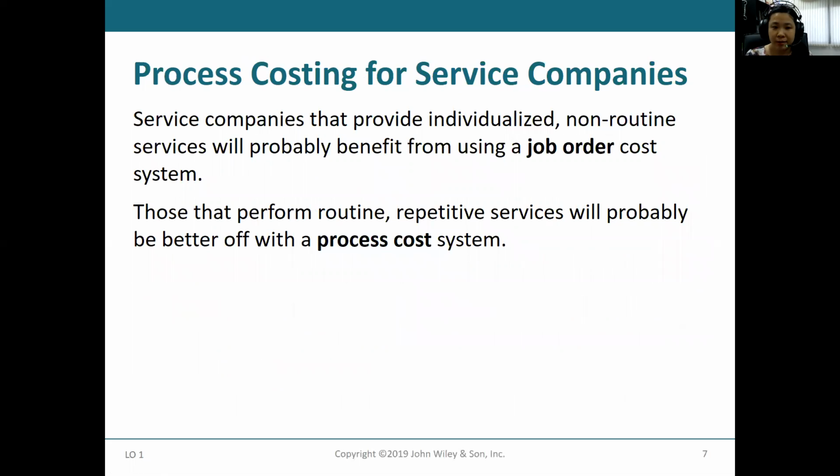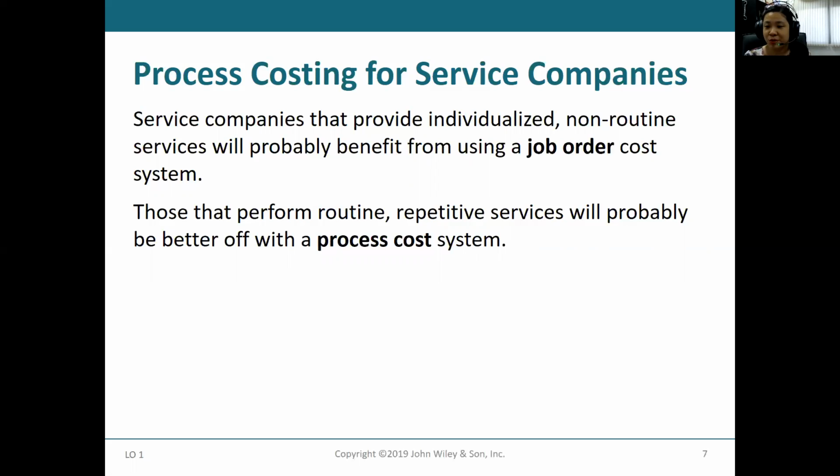Okay, now what about service? For service companies, do they use job order costing or process costing? The answer is it depends. Some service companies use job order costing when they provide individualized or non-routine service. It means they provide some special service that is different from one person to another, like a healthcare service.